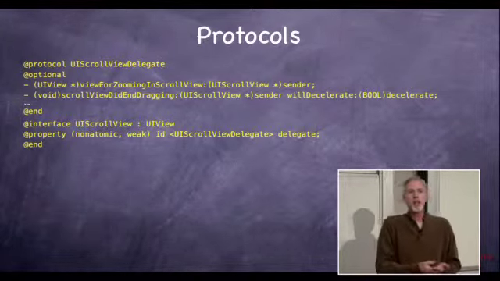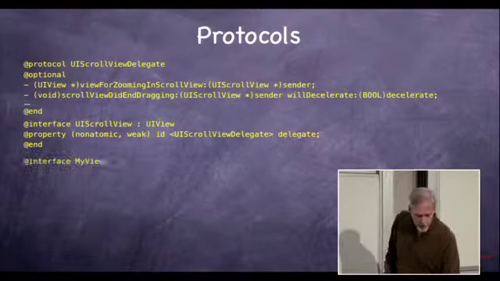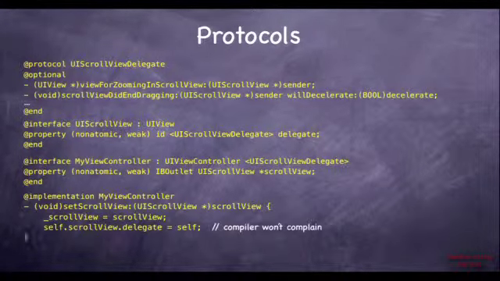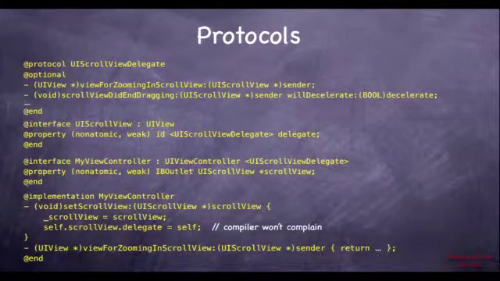So it's documentation. And then let's say we have a class that wants to use a scroll view in this way. I'm going to call it MyViewController. Notice that MyViewController declares that it implements the UIScrollViewDelegate protocol in its @interface. You see that very first line there. And it has, let's say, an outlet that points to a scroll view in its view somewhere, and it wants to be the delegate of that scroll view, so that when things happen in that scroll view, it gets delegate messages.